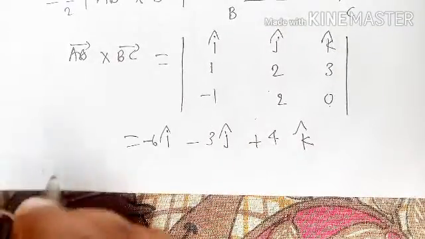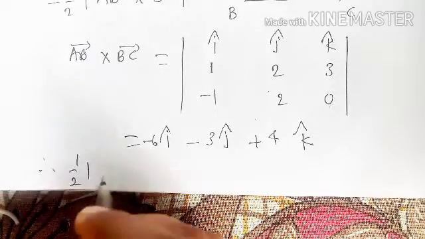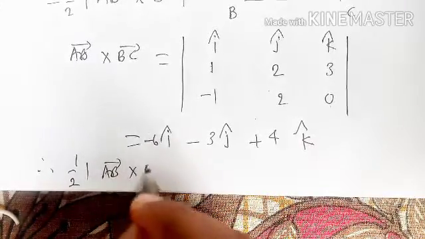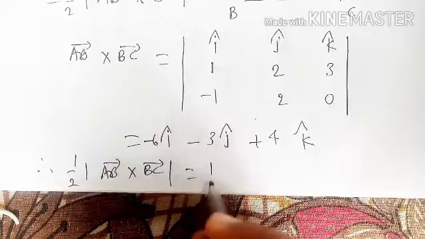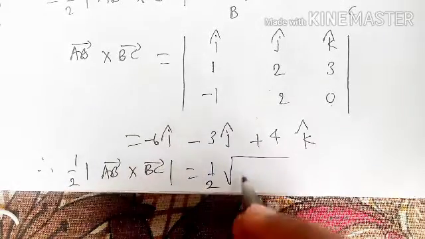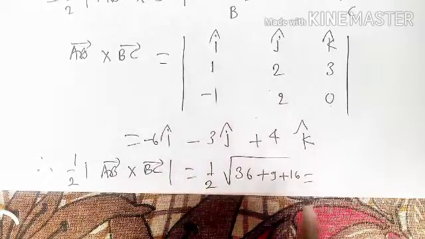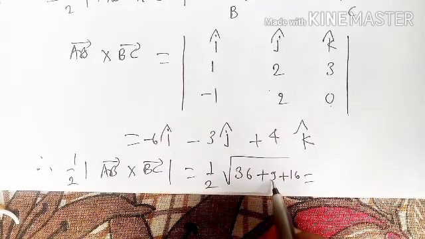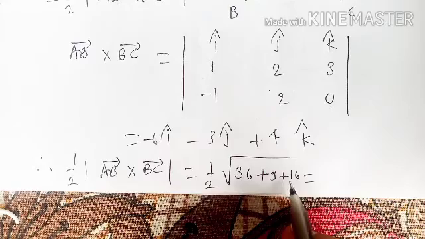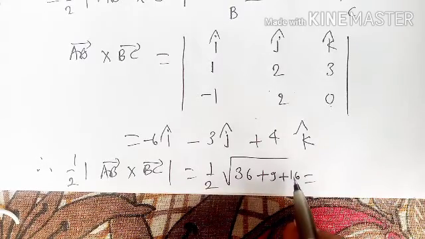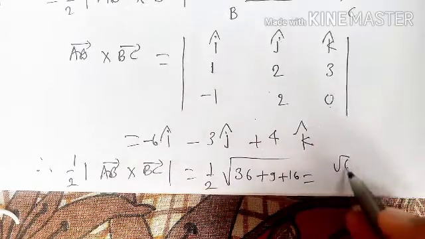Therefore half into magnitude of vector AB cross BC is equal to half into a square root of minus 6 is 36, 9 plus 16, 36 plus 9 is 45, 45 plus 16 is 61, so we have a square root of 61 by 2.